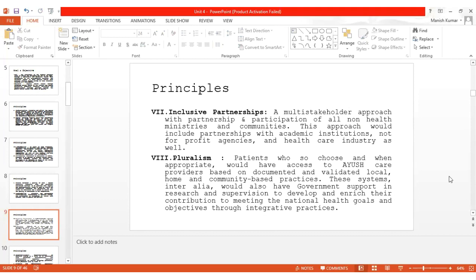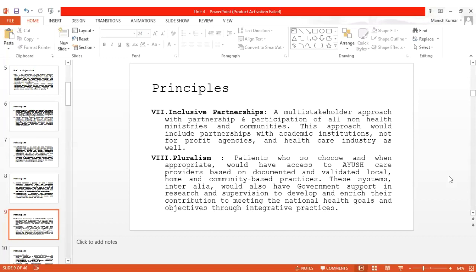Now, the eighth one is pluralism. Patients who so choose, and when appropriate, would have access to AYUSH. There are multiple medicine systems within India. It is not only allopathy. There are other medicine systems called AYUSH: Ayurveda, Unani, homeopathy.